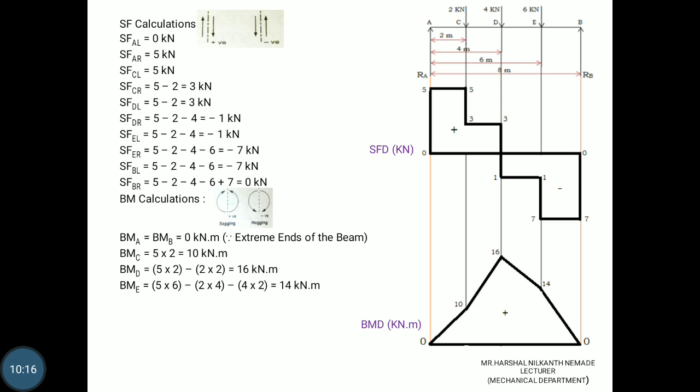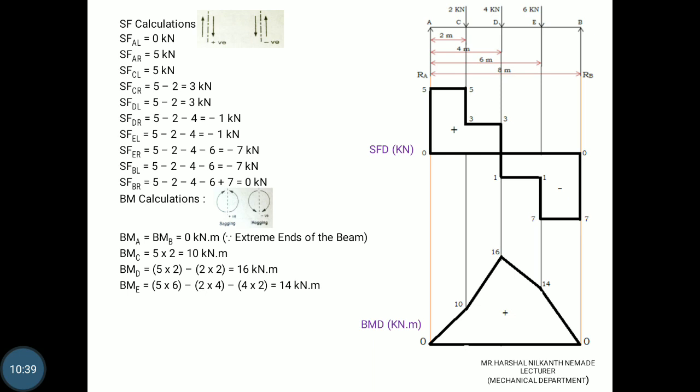After 0 0 I will start with A left 0. I will mark on the same point. From the same point it will move 5 kilonewton on a line only. A right is 5 kilonewton, C left 5 kilonewton. So I will take one horizontal straight line to the right hand side.